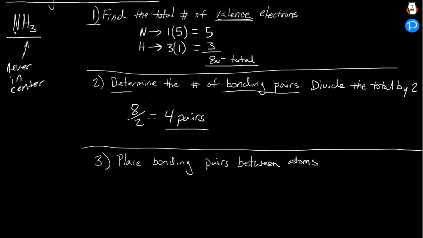So if we've got something with hydrogen in it, we know that the hydrogens are going to be around the outside, and that whatever it's bonded with is going to be in the center. So for this, these hydrogens have to be around the outside. So I'm going to put nitrogen in the center, and I'm just going to put 1 bonding pair between the nitrogen and the 3 hydrogens. I'm just going to draw it like this.